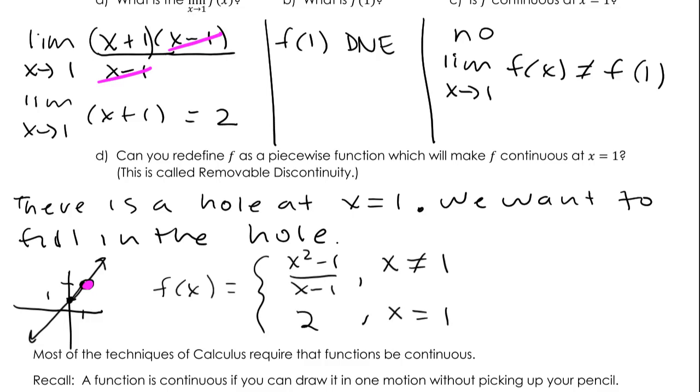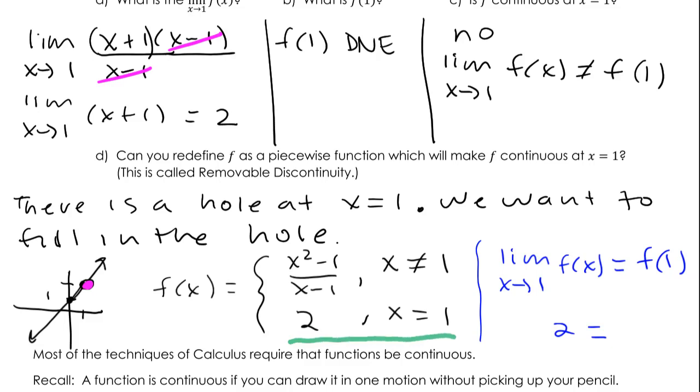So this works because now the limit as x approaches 1, didn't we find out up above that that was 2? Oops, let's use a pen that'll stay. And we want that to be f of 1, which is the definition of continuity. And what is f of 1? They say when x is 1, the output is 2.